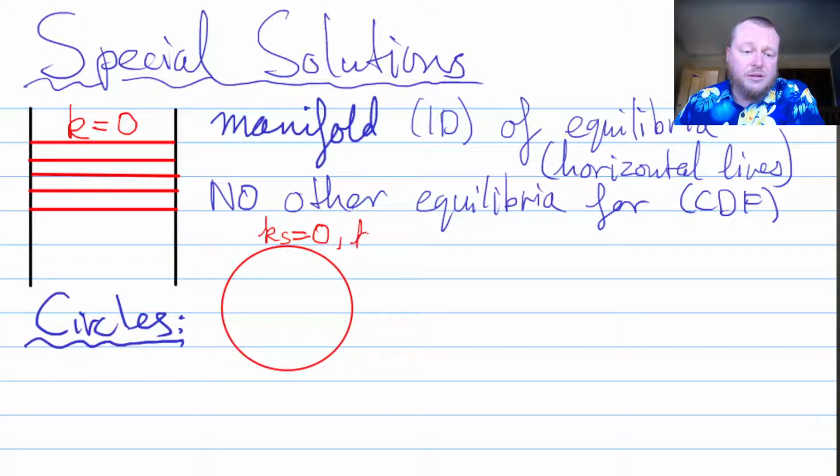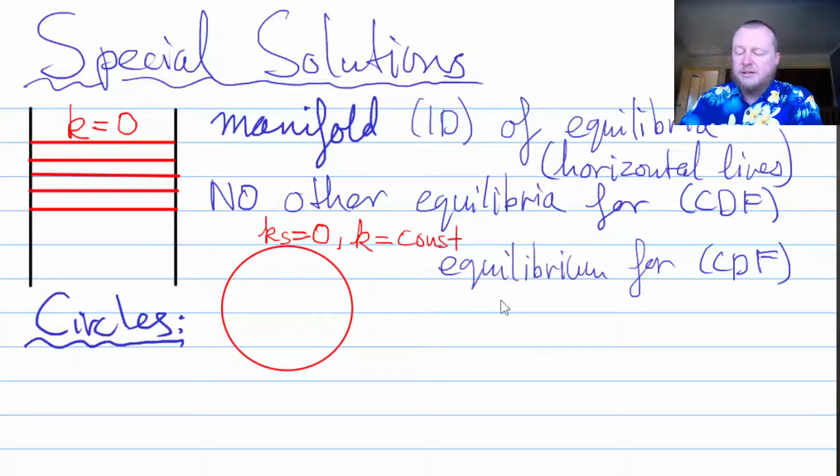And the curvature itself is a positive constant. In fact, it's just the reciprocal of the radius, but we don't need to know that. So what this means is that this is an equilibrium for curved diffusion.